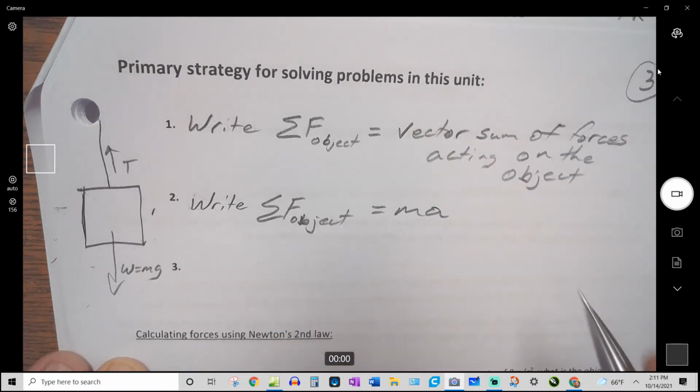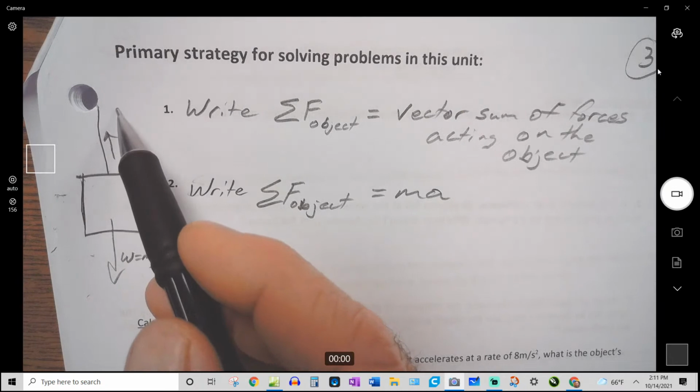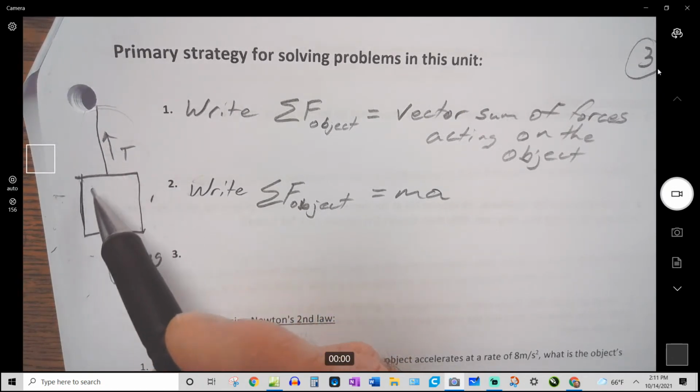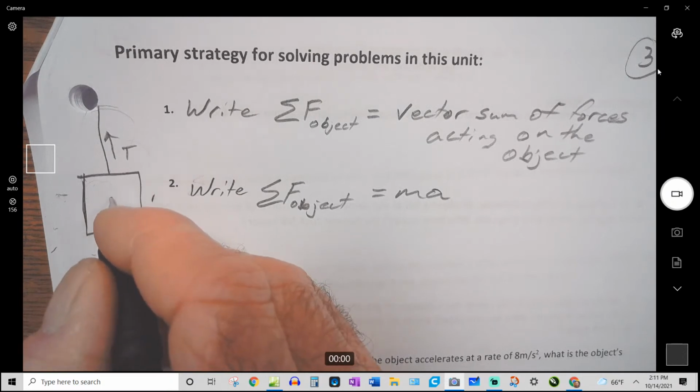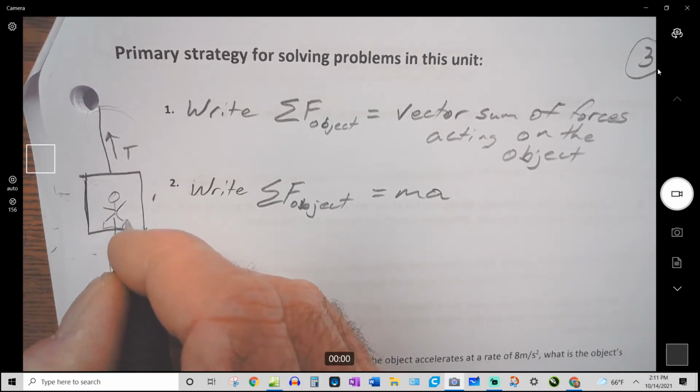No, you don't. I'm just doing that because there's going to be some point where somebody is going to list some forces in here that are actually acting on the string, and they're going to add them in and get wrong answers. There's one where we'll have a person in an elevator standing on a scale.